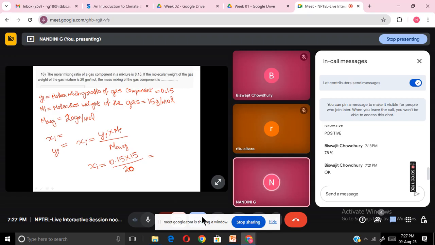How much is it coming? What is the mass mixing ratio?